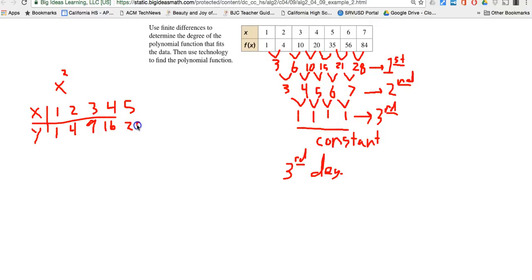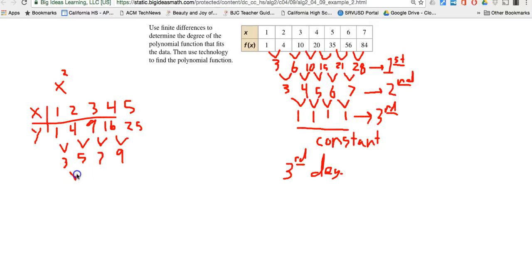Let's show you what it would look like if we did this again. If we took the differences here, the difference between 1 and 4 is 3, between 4 and 9 is 5, 9 and 16 is 7, and 16 and 25 is 9. Those are the first differences. They're still not constant.